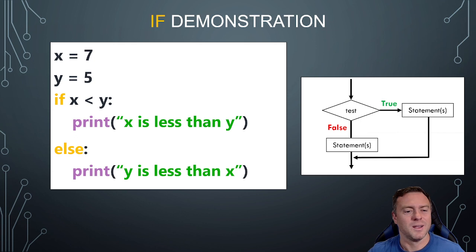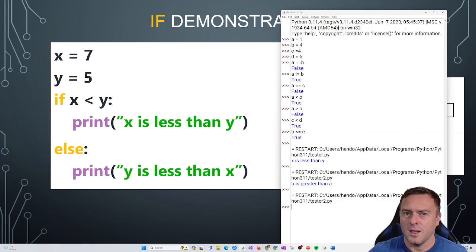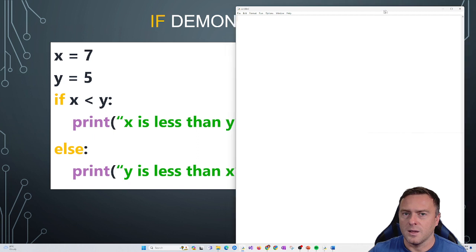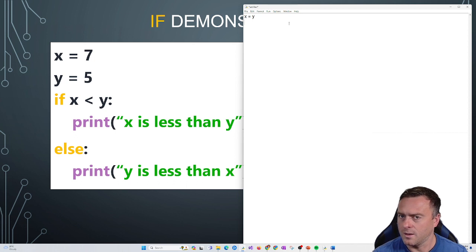Here's what we did. We're going to add on to the previous code, and we're going to have an else option, which is going to split it. So let's jump into the IDLE, and we'll start up a new file, and then we're going to go x is equal to 7. Then y is equal to 5.